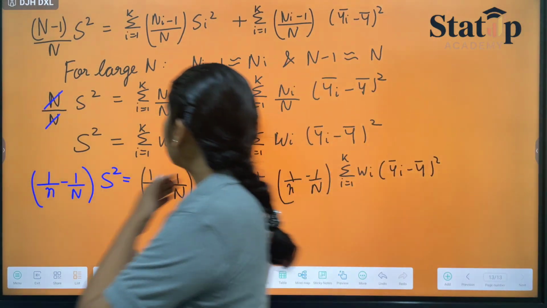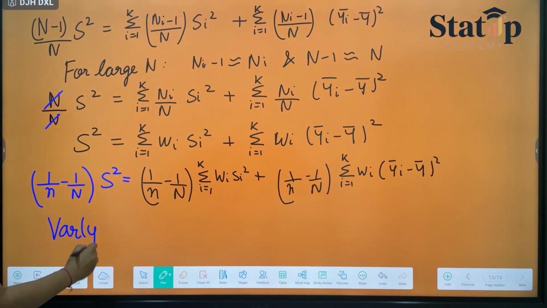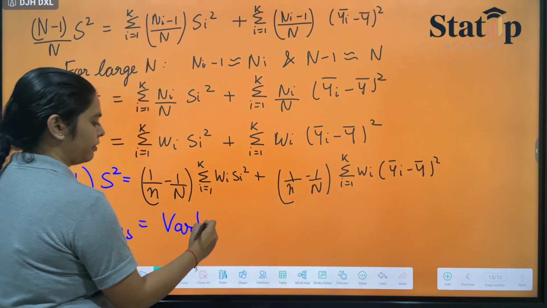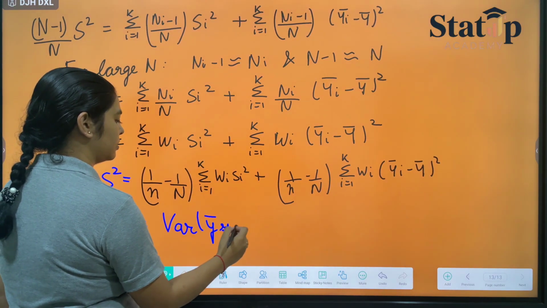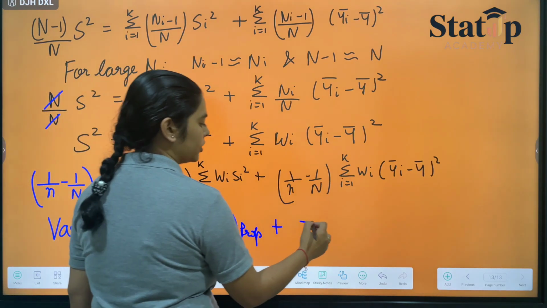Okay, so this is nothing but our variance of y bar of simple random sampling. This is nothing but our variance of y bar st of proportional allocation, and this is a positive value.